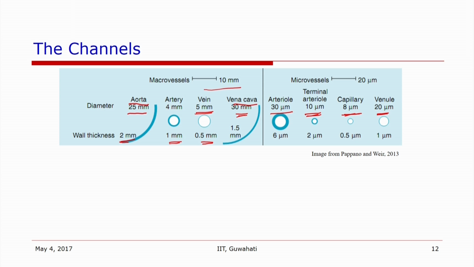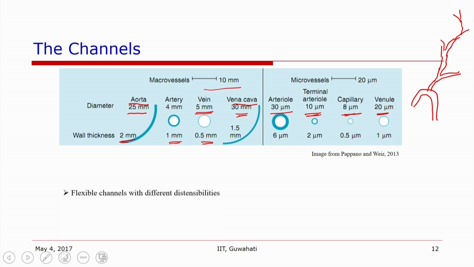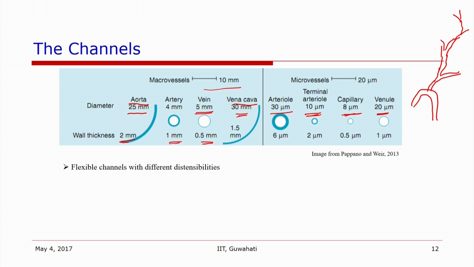So all the channels are generally arranged like this: from the aorta it goes to different arteries, and from arteries they bifurcate into smaller arteries, and so on and so forth, and then finally it becomes capillaries. All these channels are flexible in nature.